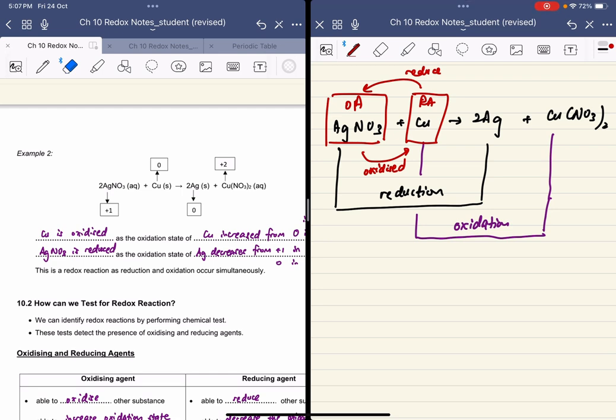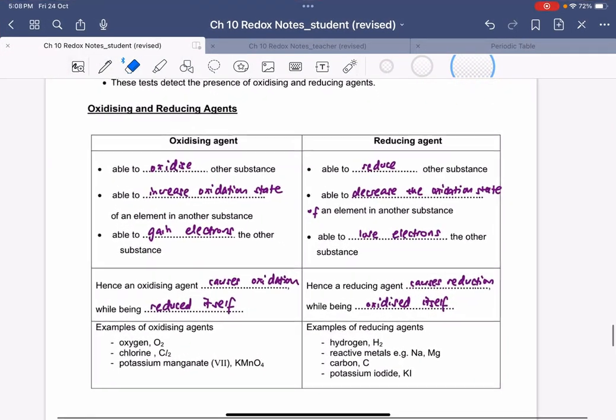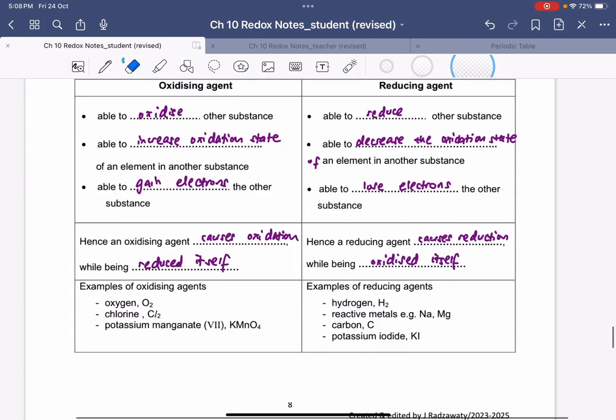So the oxidizing agent and the reducing agent, they will both be from the reactant side. Oxidizing agents will oxidize the other party. Reducing agents will reduce the other party. I hope this clarifies the oxidizing agent and reducing agent.